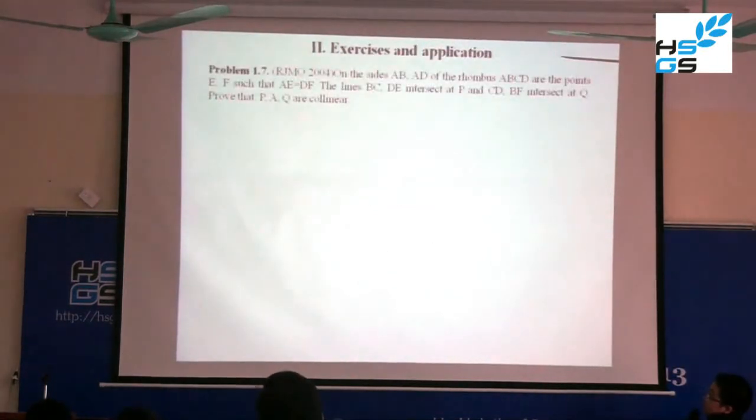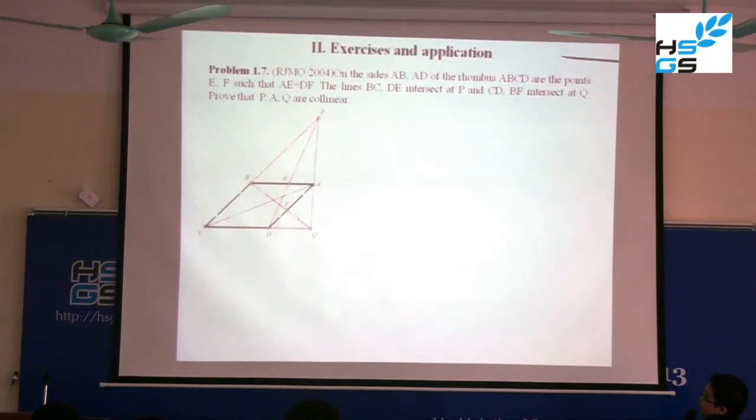Now we consider 2 typical exercises of each method. Problem 1.7, use a vector to prove the collinearity. This is from the Romanian Junior Mathematical Olympiad 2004.